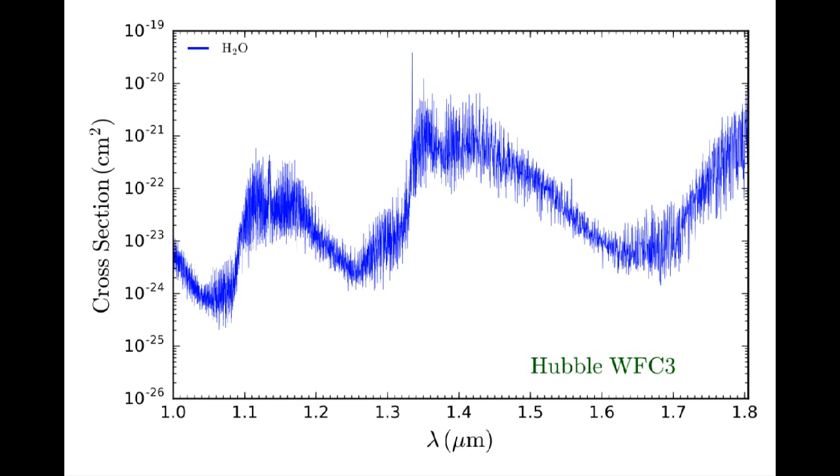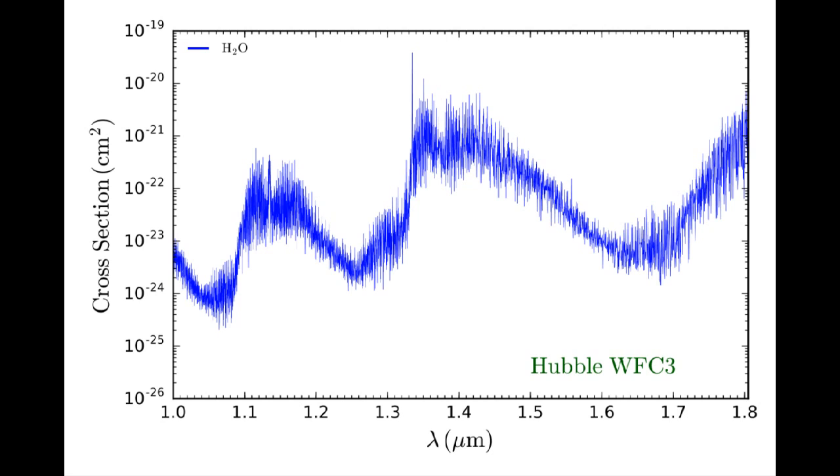It looks like the water molecule seems to appear larger at about 1.15 micrometers and at 1.4 micrometers. So what's happening here is that at these two particular wavelengths, vibrational motions of the water molecule can be excited by incident light. And so this means that water absorbs very strongly at those wavelengths.